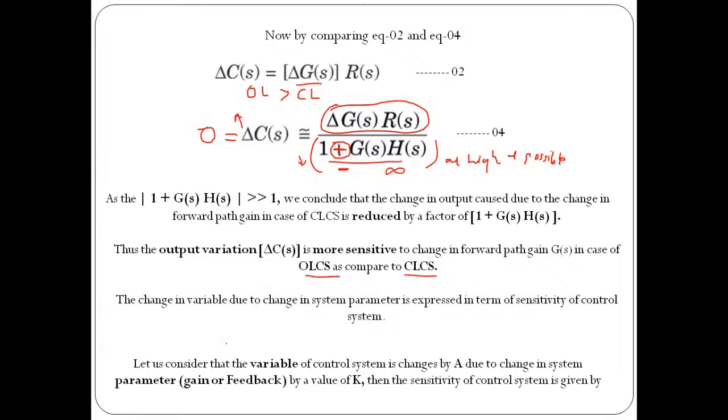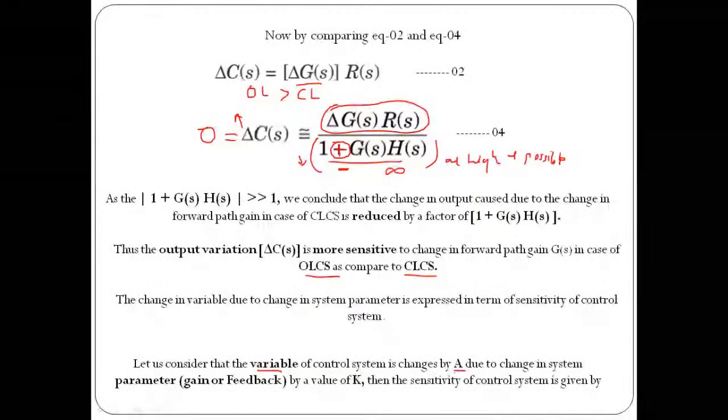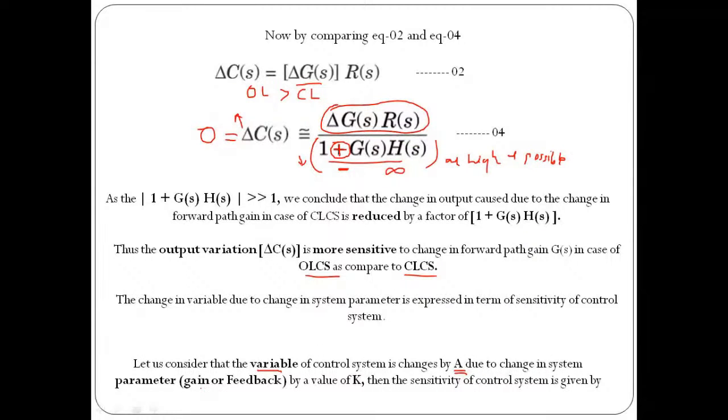So here, let us consider that we are having a variable. In our case, this variable is nothing but the output. Let us consider that the variable a of the control system changes by a value due to change in the parametric function, it may be a forward path gain or it may be a feedback path gain, by a value k.